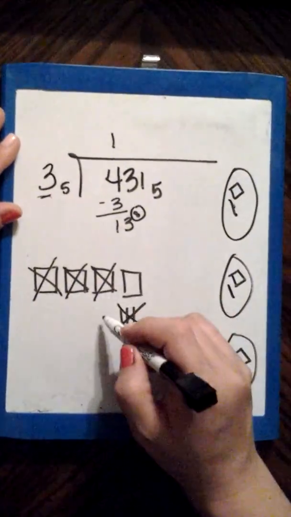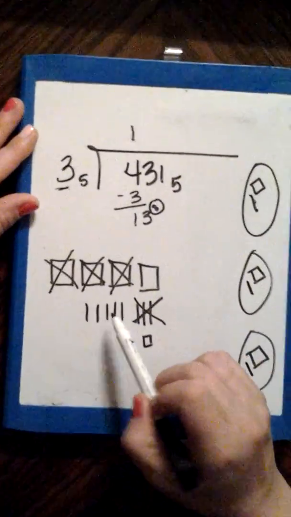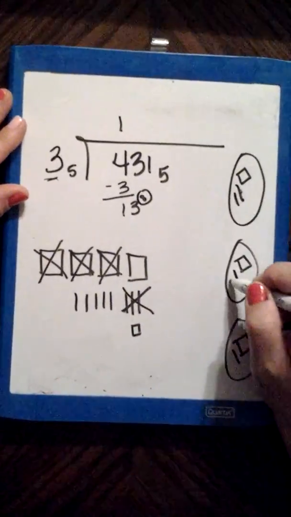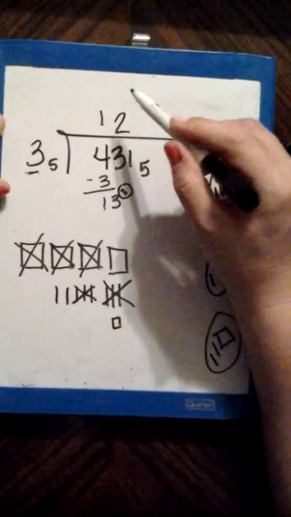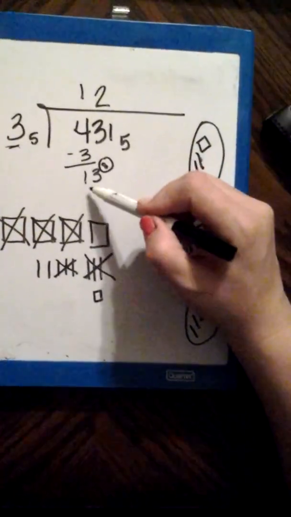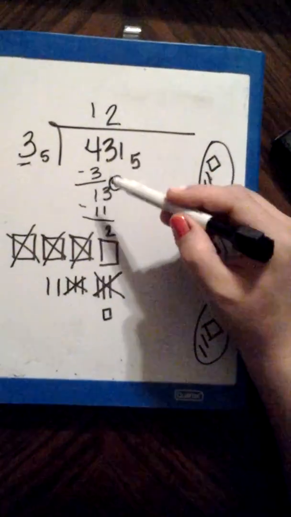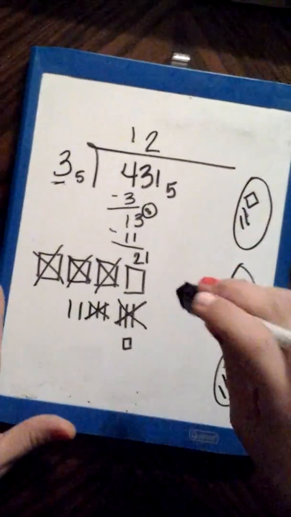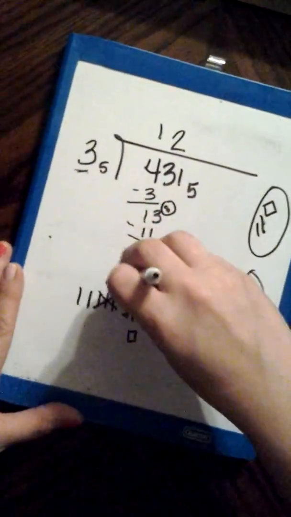But I can also break this up. So then I have 5 longs here. And I can put 1 more in each circle. So now I have 2. So 2 times 3 is 6, but in base 5 it is 11. So I'm left with 2 and a 1. And I'm going to erase this because I'm done with my flats.